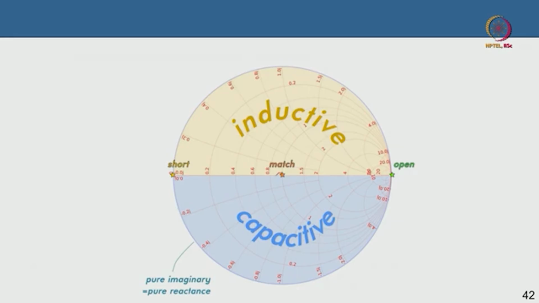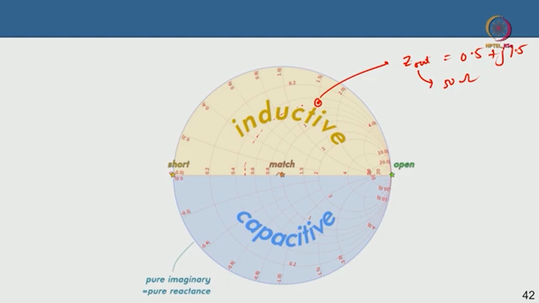So if I look at 0.5 plus 1.5, that point was this. This is the output impedance of the device, 0.5 plus j 1.5. I want to internally match it so that the output impedance becomes 50 ohm, so that I can tell a customer or some circuit designer, hey look, I have made an internally matched transistor, that means the output is 50 ohm.